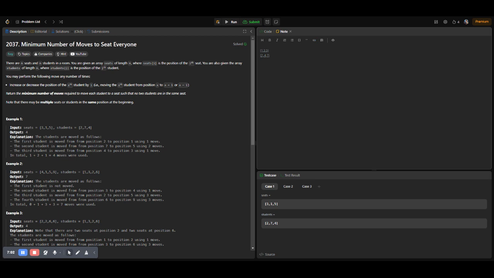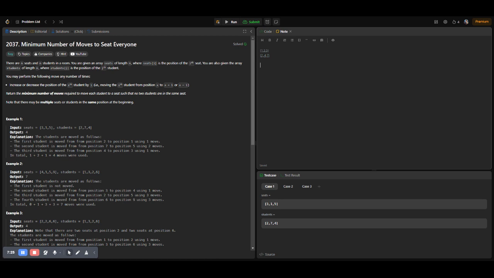The question asks how many moves are performed for the students to sit at the chairs. We do not need to disturb the position of the seats. We can move the student to the seat.